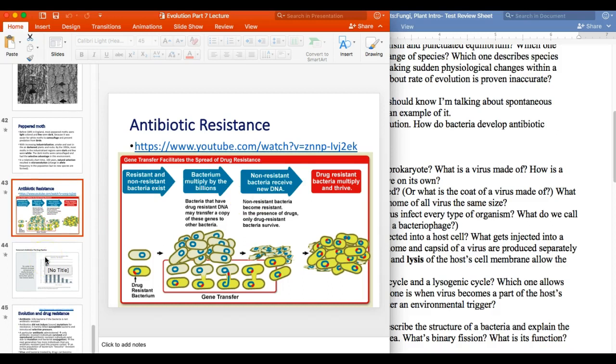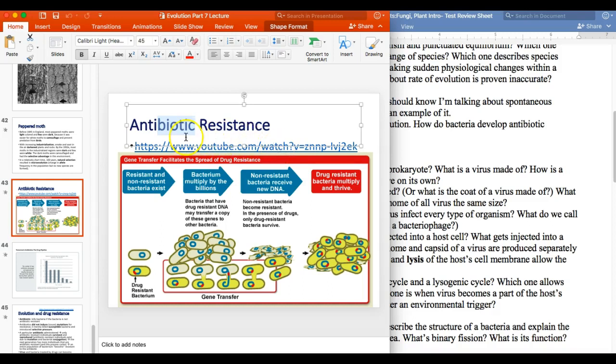Antibiotic resistance can be developed within bacteria. Antibiotic itself is a medicine that kills bacteria, supposedly. But bacteria can evolve really fast because they're unicellular and they can make offspring way faster than we do.